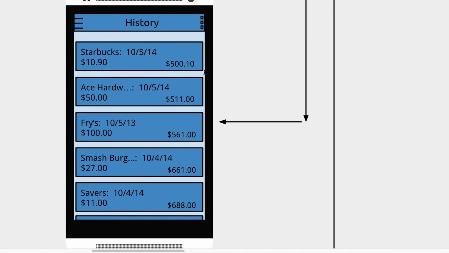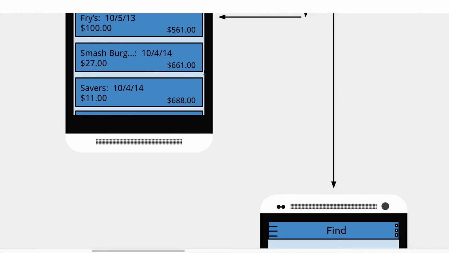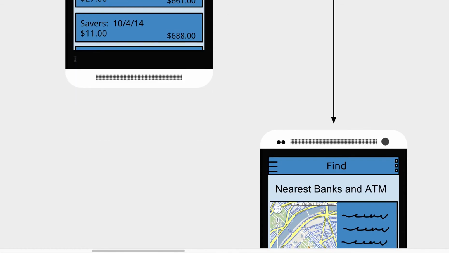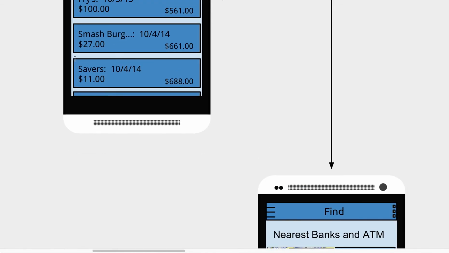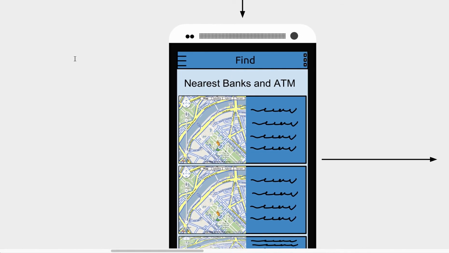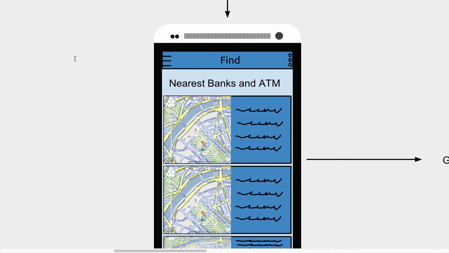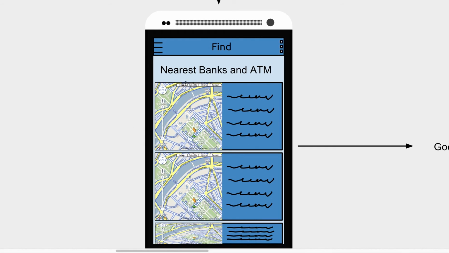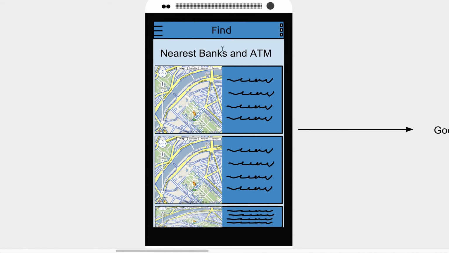And perhaps you wanted to find a bank because you wanted to go talk to them about one of your transactions, or just make an in-bank deposit of some sort for cash or the like. You could then swipe to the left, click on Find, which would bring you to the Find screen, and this would show you, based on your GPS location, the closest banks and ATMs.